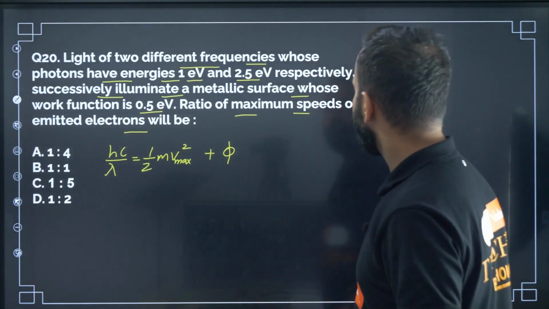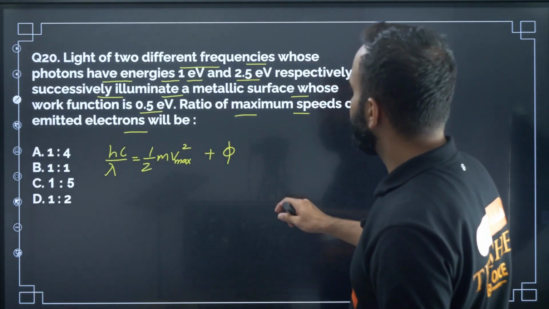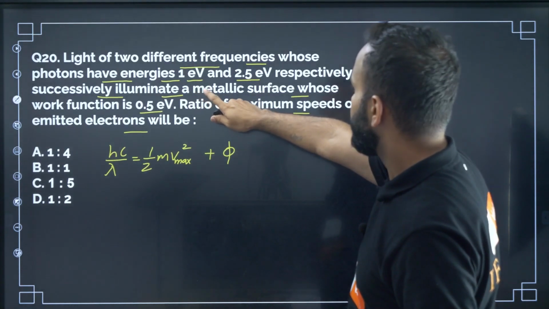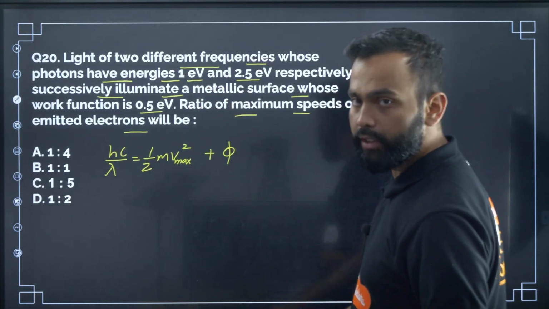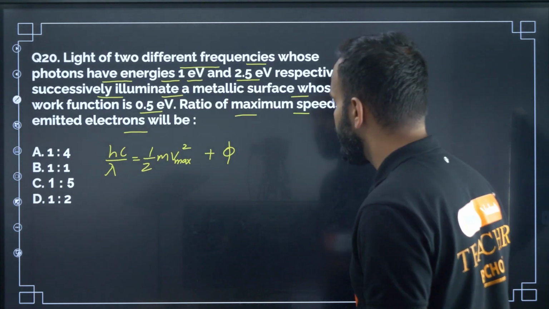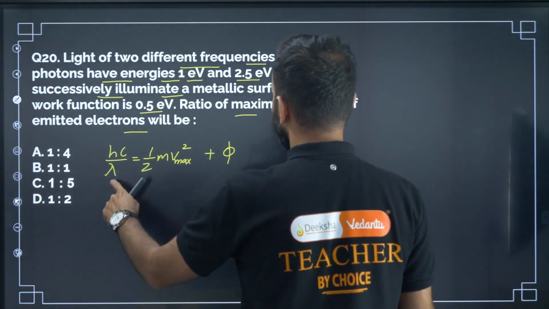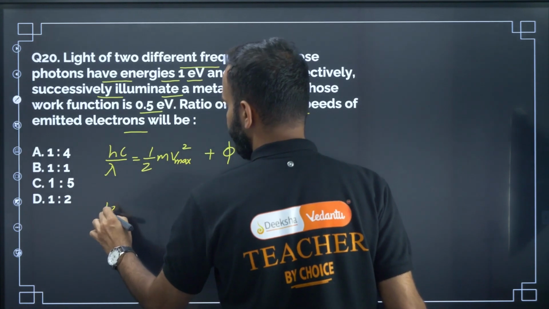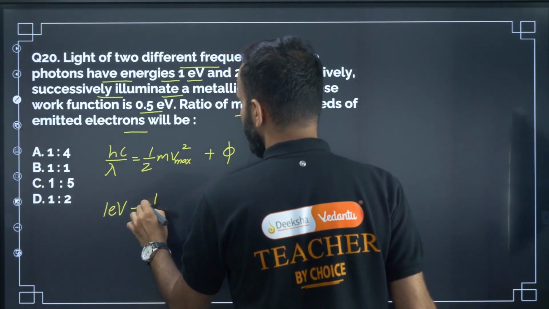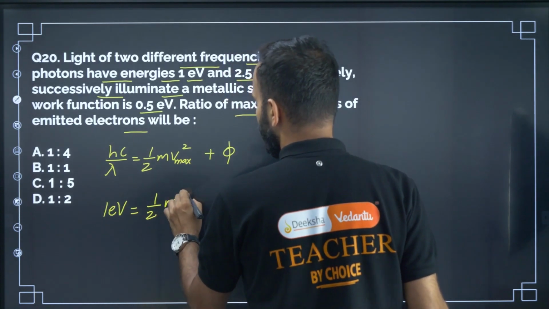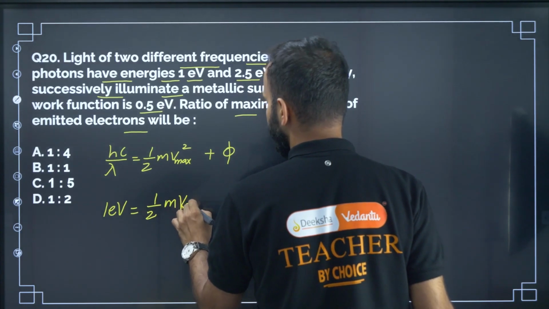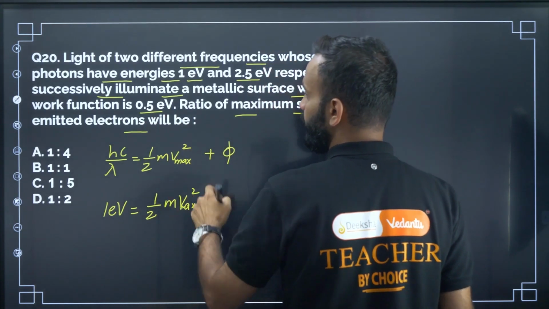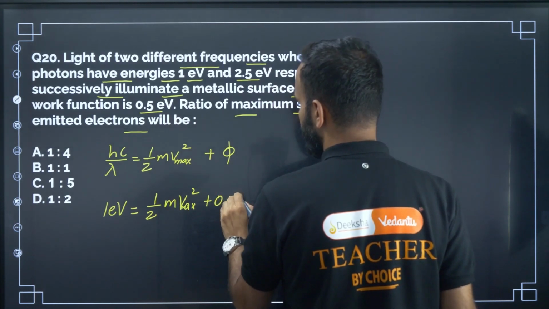Stopping potential phi. Now what is the energy of the incident photons? 1 electron volt and 2.5 electron volt, right? So here the energy of the incident photon, 1 electron volt, is equal to half m v max squared plus 0.5 electron volt, that is the work function.